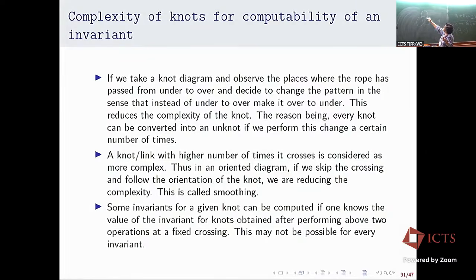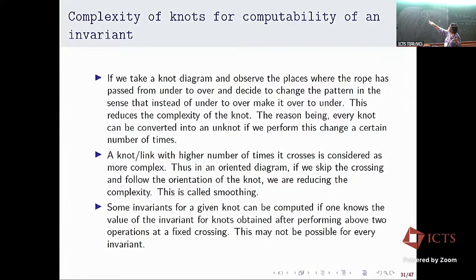Now, if I see here, this is an under and over and under, and I'm putting, suppose, an orientation. At some place, if I switch over to under, switching a crossing, you can verify that switching a crossing reduces the complexity.